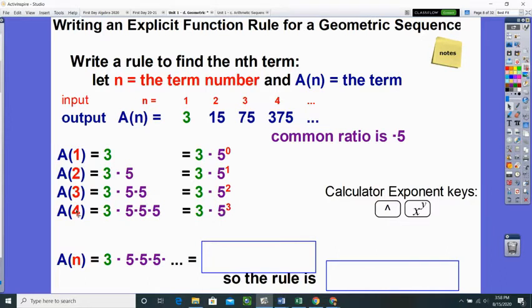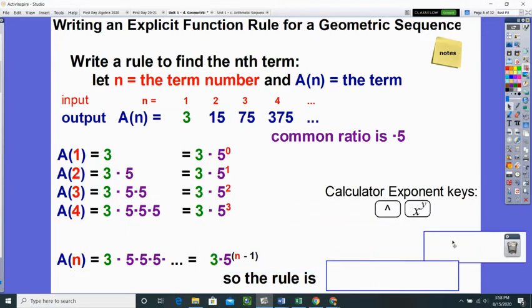Notice that when we have a 4 here, we have a 3 there. It's 1 less factor of 5. And that's where the n minus 1 is going to come. So to write an n minus 1 rule for a geometric sequence, you would take the first term's value times the common ratio raised to the n minus 1.